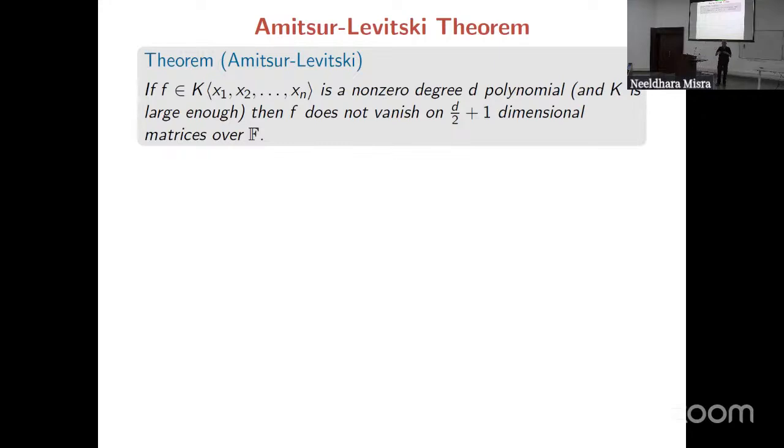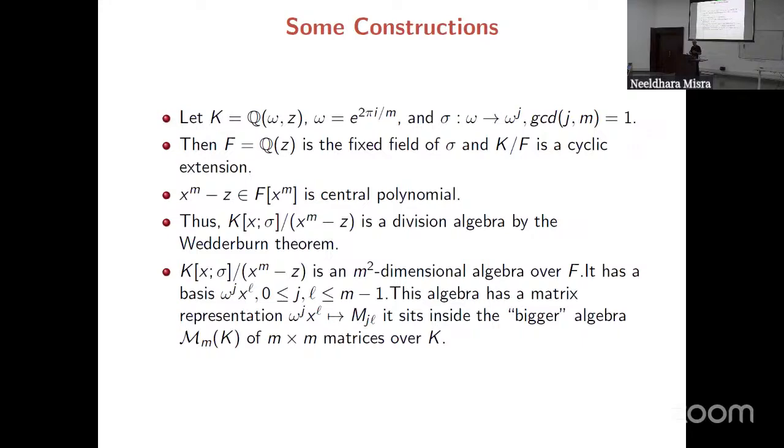So what you could do is simply substitute for the variables x1 to xn d by 2 plus 1 dimensional matrices with, say, commuting variables as entries, and the problem reduces to standard commutative PIT, and you will get a randomized polynomial time identity test for it.